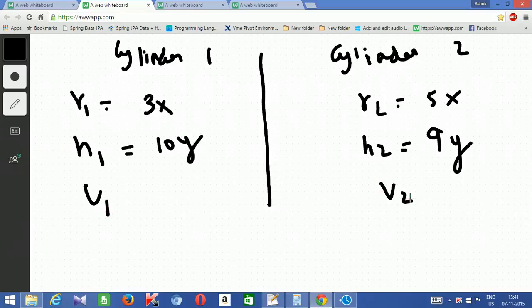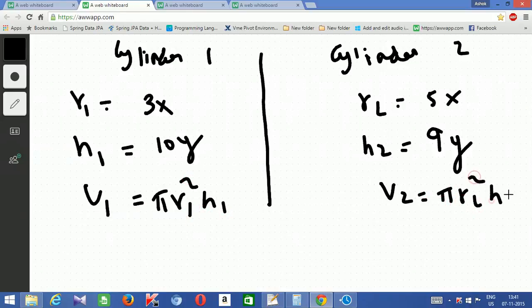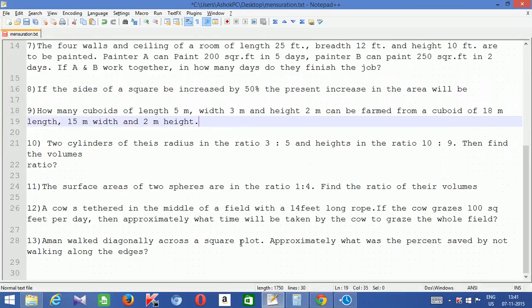Now you need to find the ratio of v1 and v2. Don't worry about finding the absolute values. They have asked for the ratio only, in terms of v1 and v2. So you need to divide v1 by v2. You know that v1 is pi r1 square h1 and v2 is pi r2 square h2. Find the ratio of their volumes.